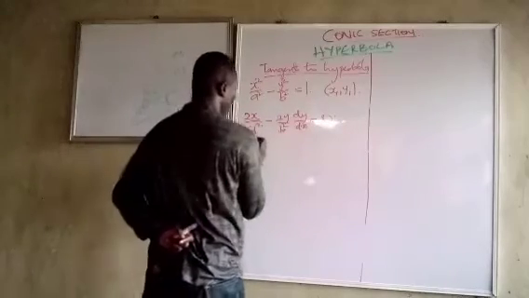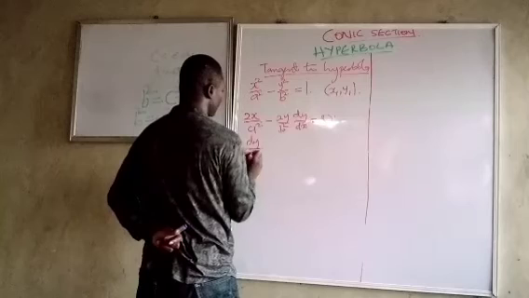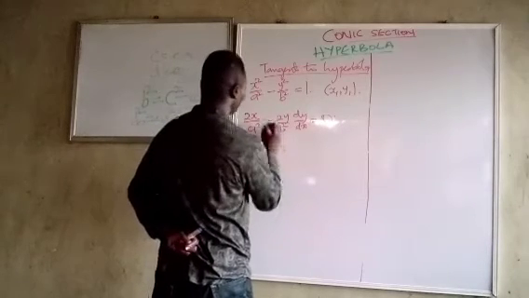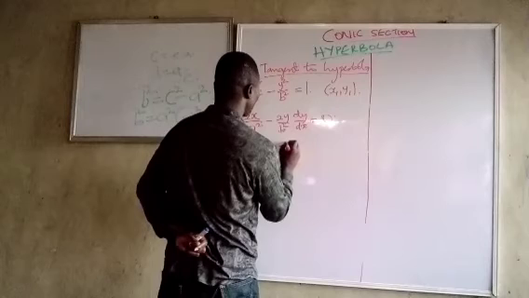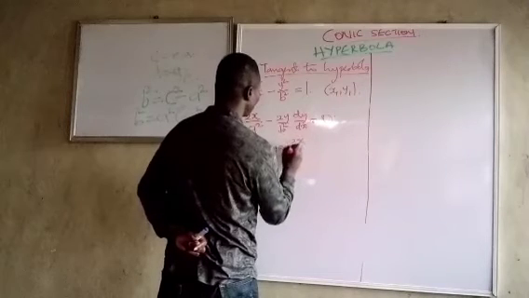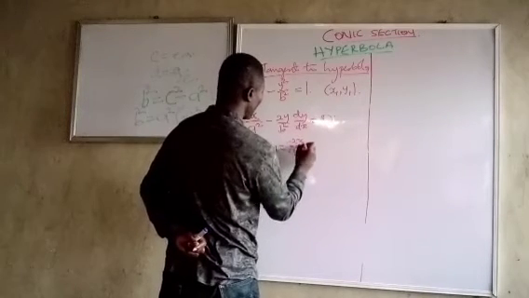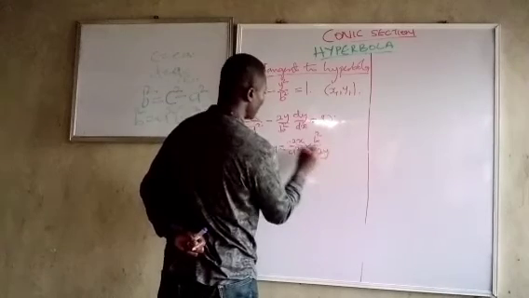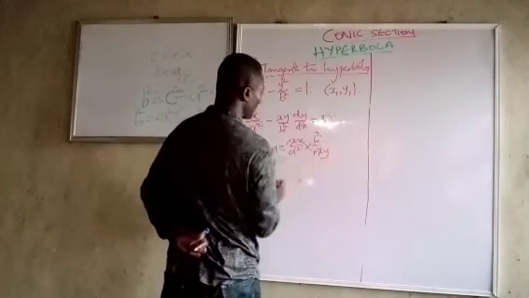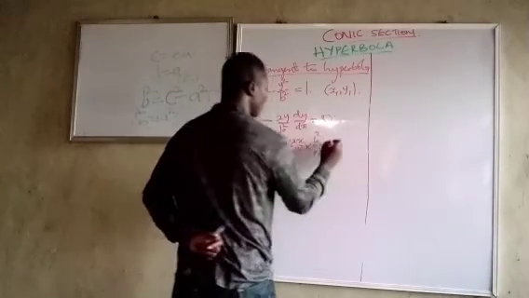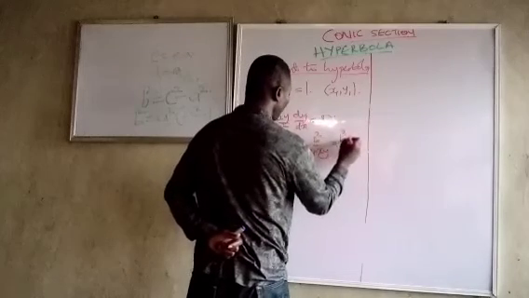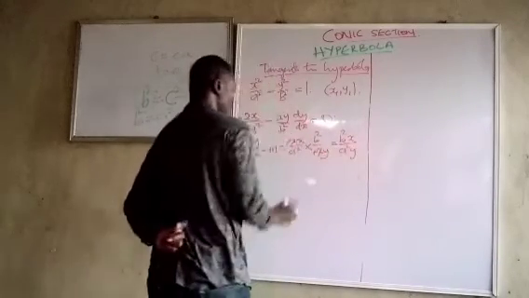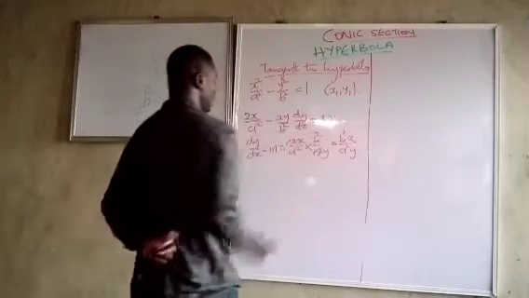Now, dy/dx will be equal to minus 2x over a squared times b squared over minus 2y. So this will cancel this, and we are going to have b squared x over a squared y. This one is positive, please.